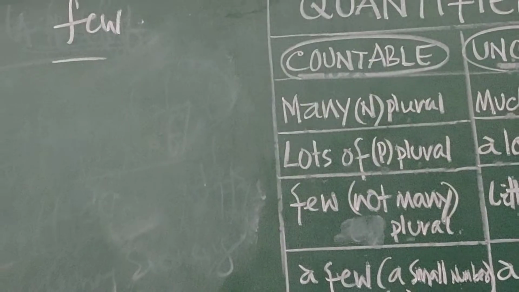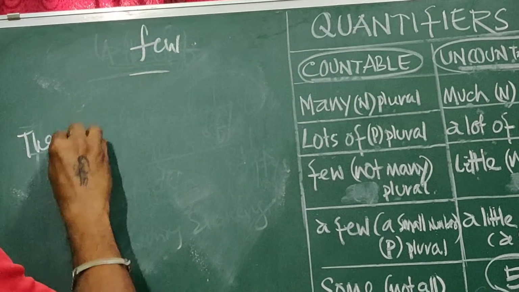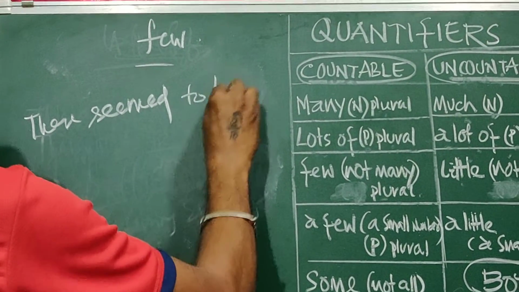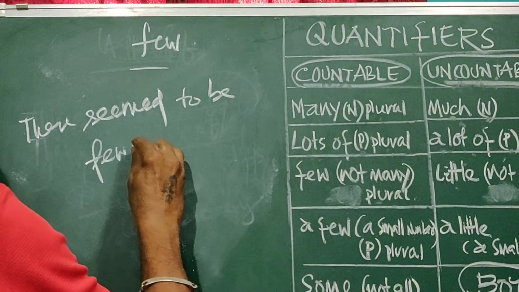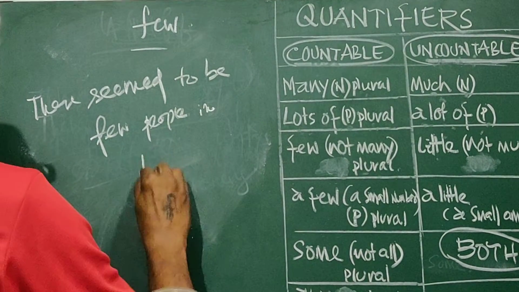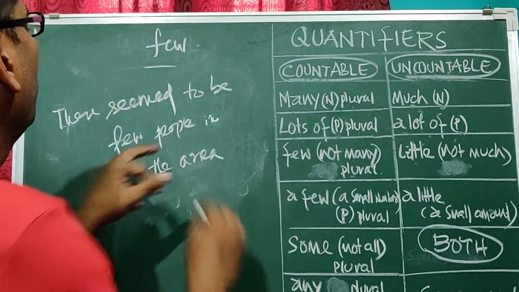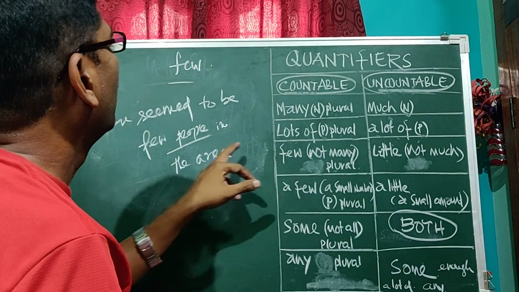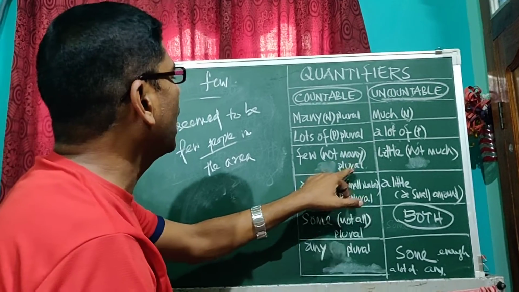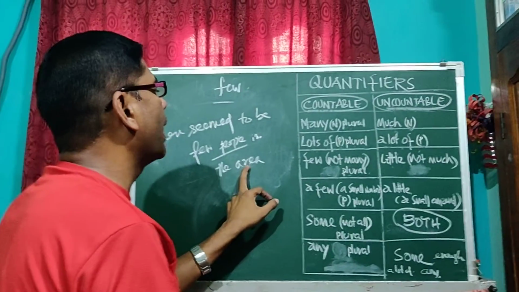For example, there seemed to be few people in the area. People is countable, and few means not many, and plural. There seemed to be few people in the area.